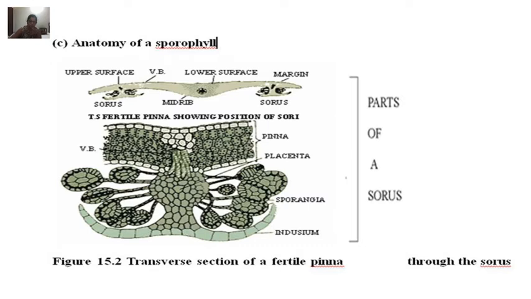The sporangia or the sorus are borne on the placenta, which is made up of parenchymatous tissue, and it acts like a cushion. So in this way it provides support to the developing sporangia. The entire sorus is surrounded by a moustache-like structure, which is called the indusium.